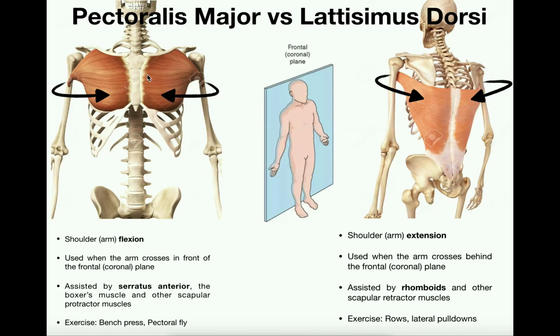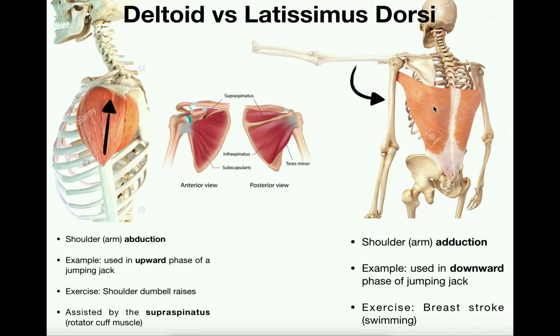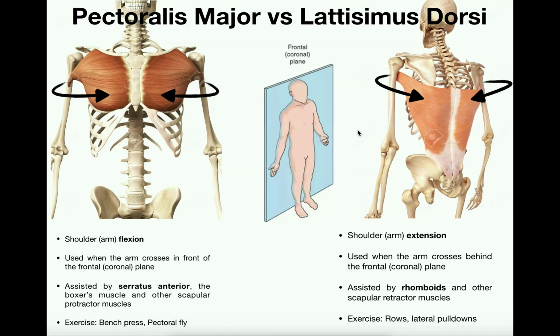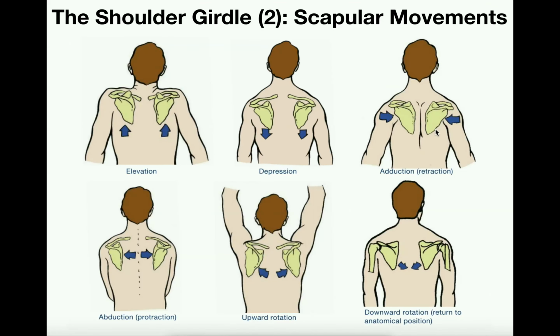That's the pectoralis major. The other muscle that's involved in shoulder extension is the latissimus dorsi, which we saw worked in shoulder adduction. But the latissimus dorsi is also involved in shoulder extension. Just as in the case of shoulder flexion, shoulder extension also has to involve a scapular movement, and that is scapular retraction.